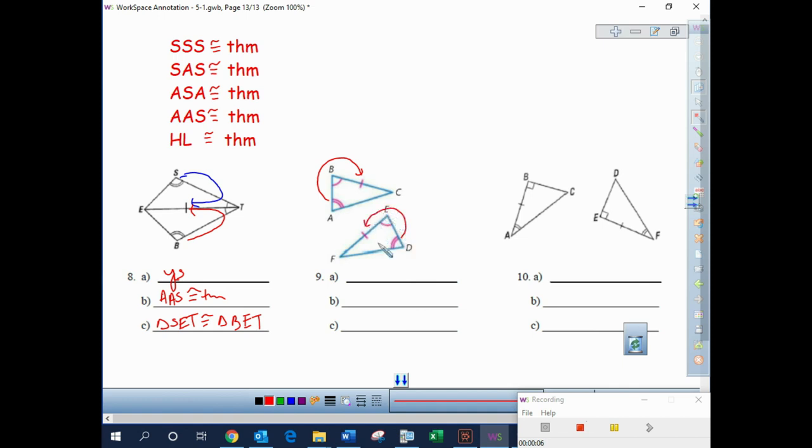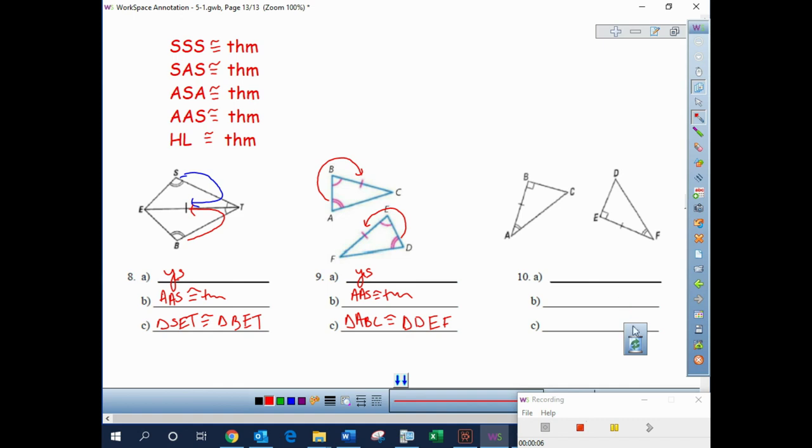Do we go double, single, side? Oh yeah. So angle, angle, side. And that's triangle. We got an ABC, so we'll call him that. Congruent to triangle. A is the double, he goes with D. B is the single, he goes with E, and F is the only other letter.